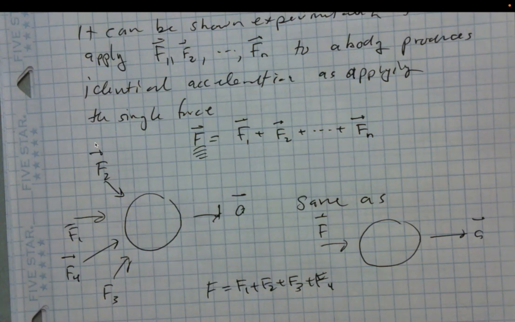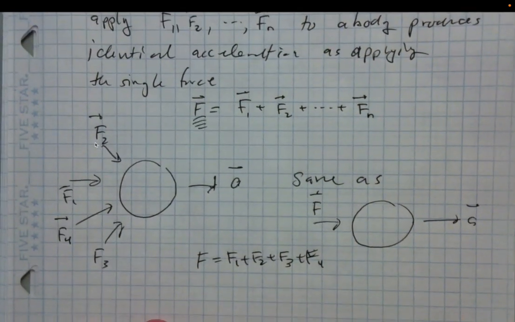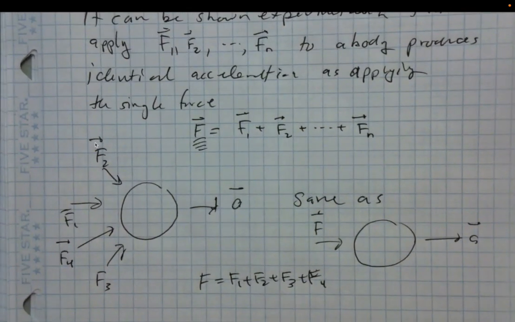Right? And so this can be demonstrated experimentally. If you were to take a physics course, this would probably be one of the experiments you would do. You would try applying a bunch of forces separately to a body. You'd note its acceleration, its motion, and then you would sum all those forces and apply that single force, that net force, to the body. And you would note that the same motion occurred.